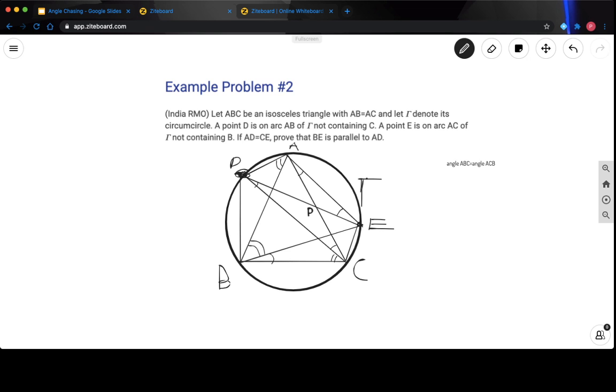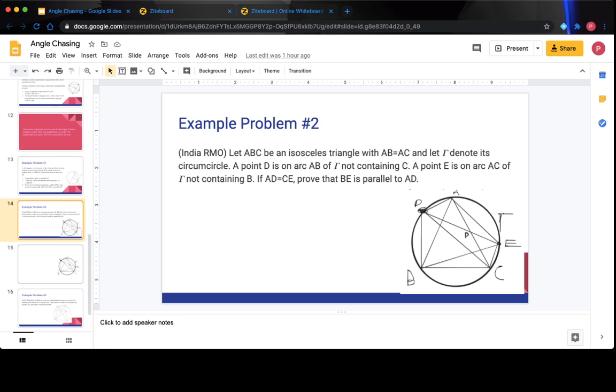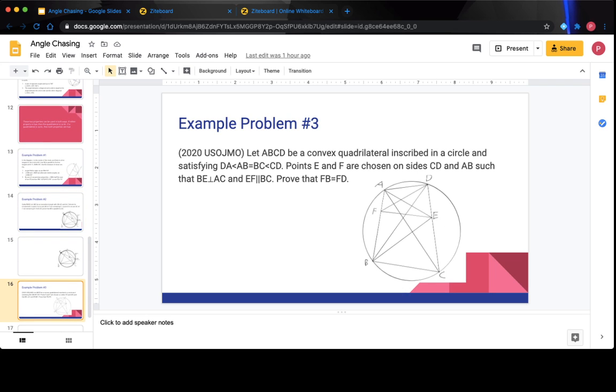Okay, we have one more example problem, and this is from the 2020 USOJMO. Again, I'll give you a few moments to think about it.